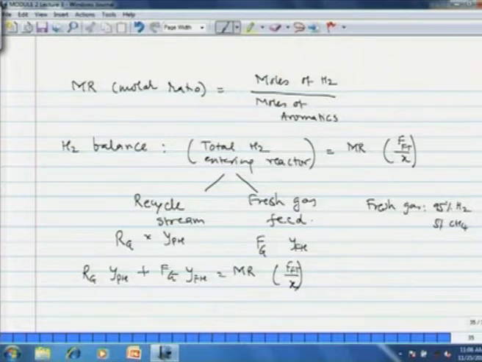Now, when we did material balance for the input output structure, we had derived an expression for fresh gas feed rate, and that I would like to write again.